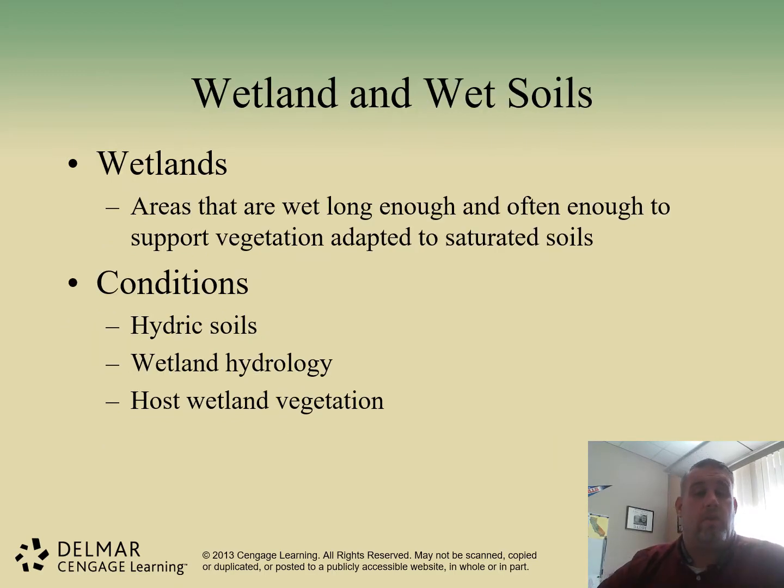So wetlands are areas that are wet long enough and often enough to support vegetation adapted to saturated soils. The common vernacular would be a swamp, and a wetland is typically a habitat for birds and different types of amphibians and reptiles, and obviously we have alligators that will live in these wetlands in Florida.